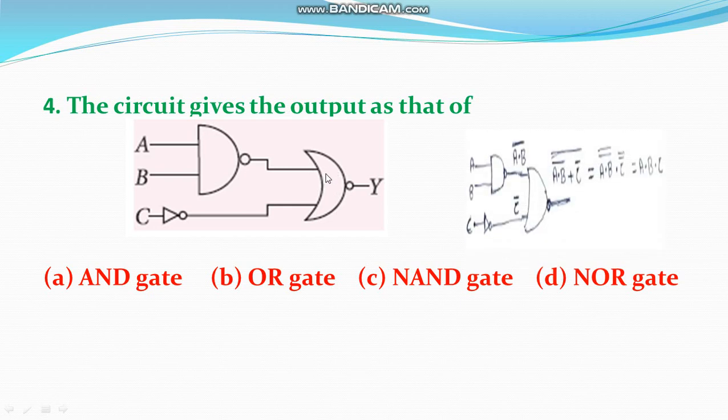According to that, the NAND gate gives A dot B bar, and this one is C bar, and this is the NOR gate. If we assume this is X and this one is Y, then X plus Y bar. Again we are using De Morgan's theorem. So according to that, we are getting an AND gate. So our answer is A.